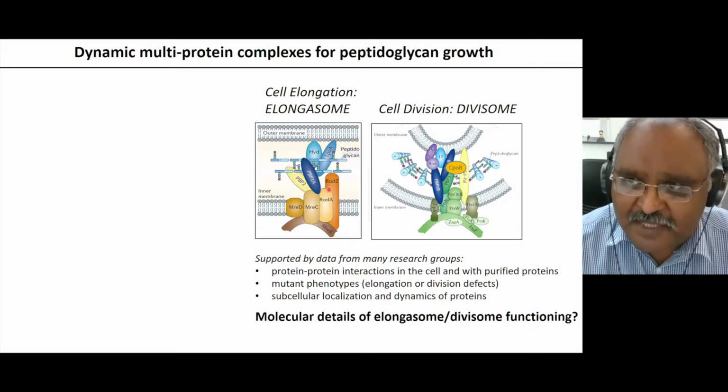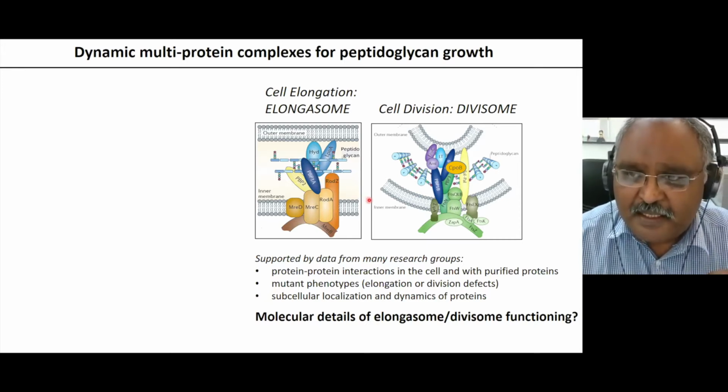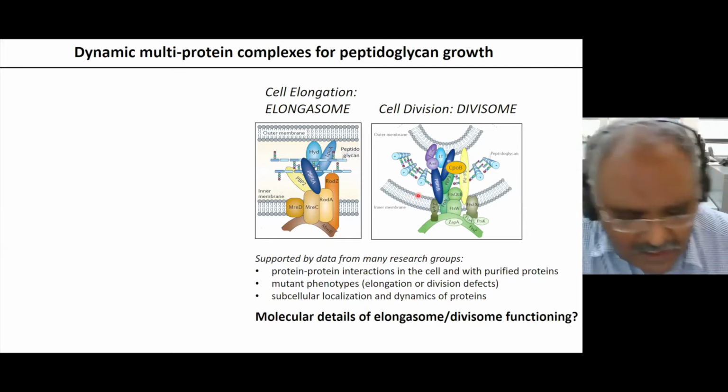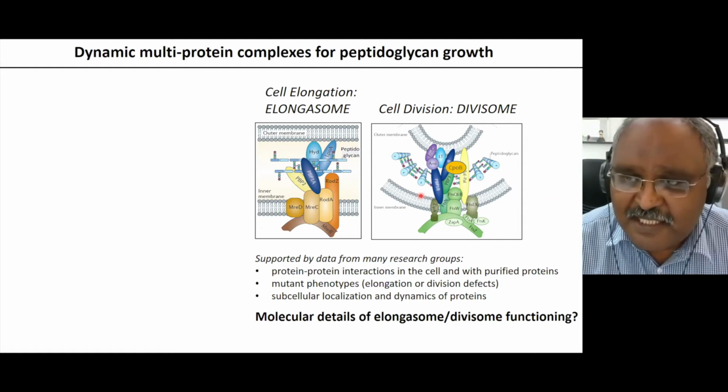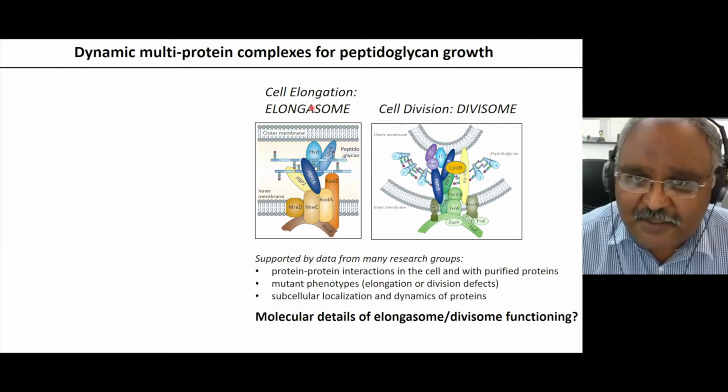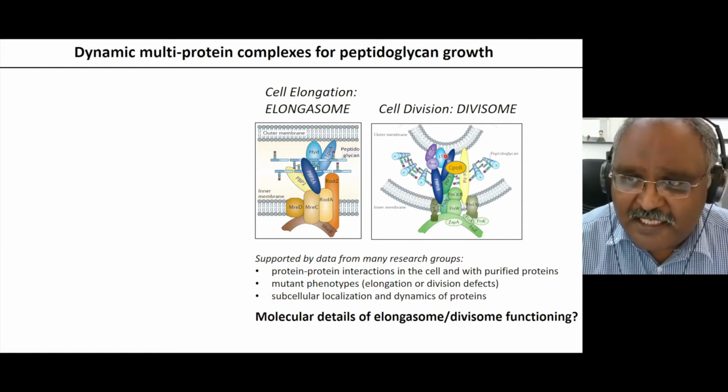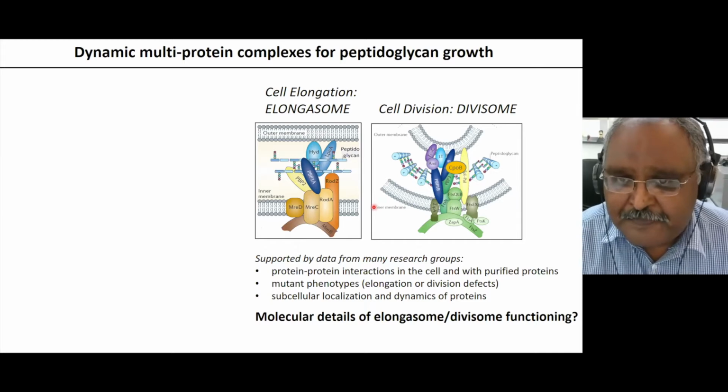The elongosome and divisome require major synthases, PBP1A and 1B, for the function of the complex, and each of these biogenesis systems has a particular transpeptidase that is needed for its activity. In the elongosome, it's PBP2, and in the divisome, it is PBP3.